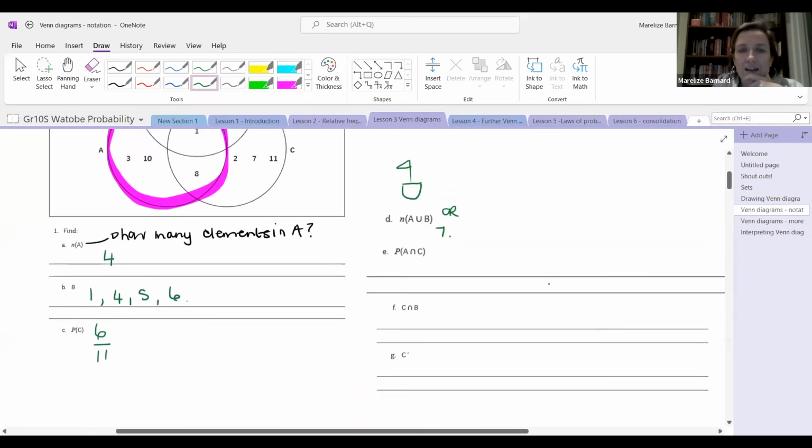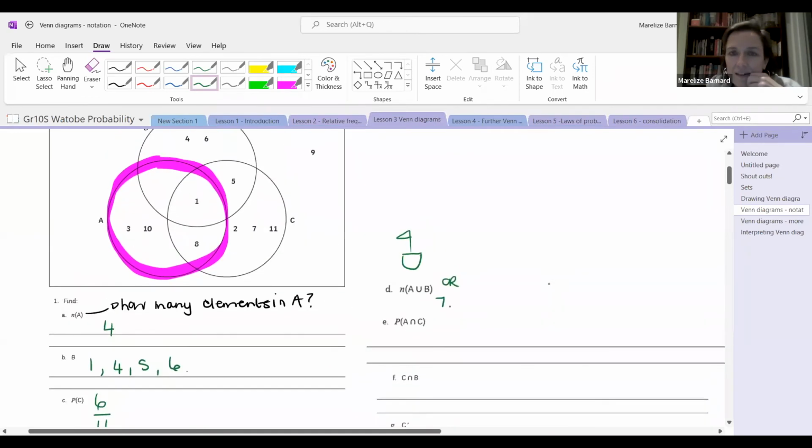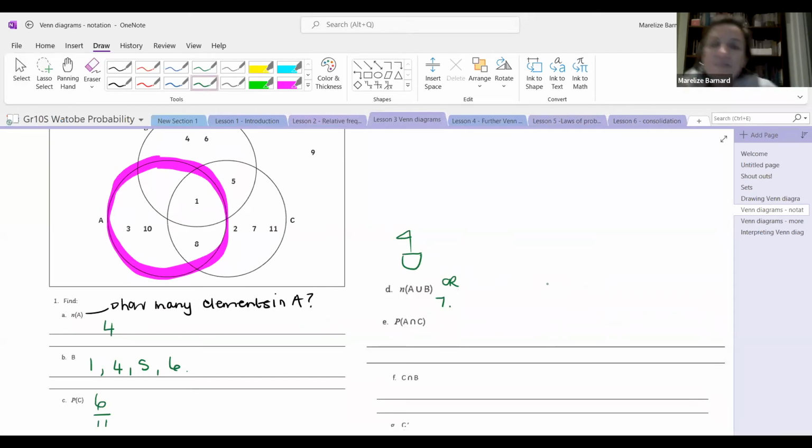Let's go to question E. You guys are on it this afternoon. Very nice. What is the probability of A and C? Now we are working out the probability.